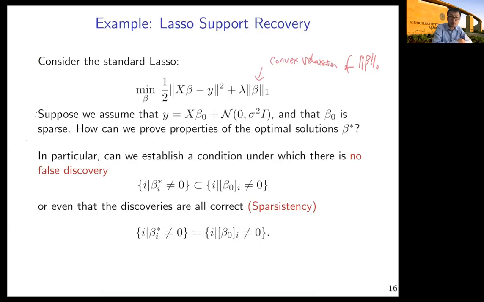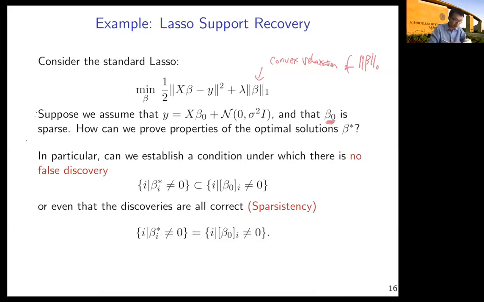And how do we formalize it? How do we show that under some reasonable model under which the true solution is sparse, the optimal solution that comes out of lasso actually has the property that it recovers all the correct support, and it doesn't make any false positives?